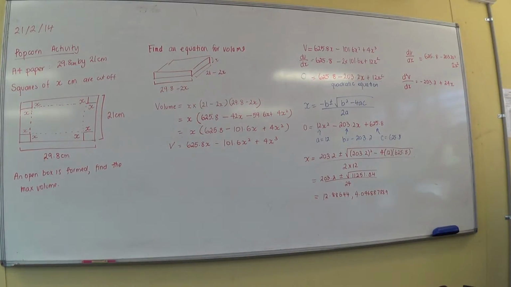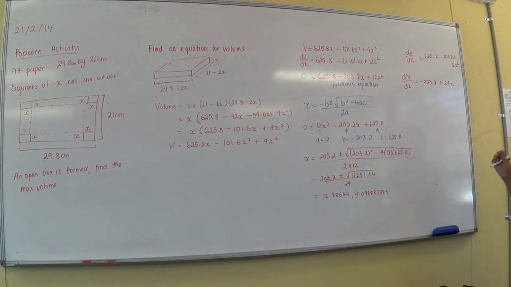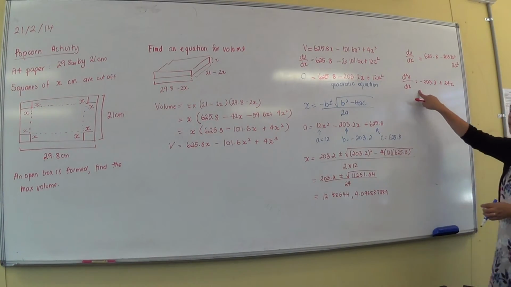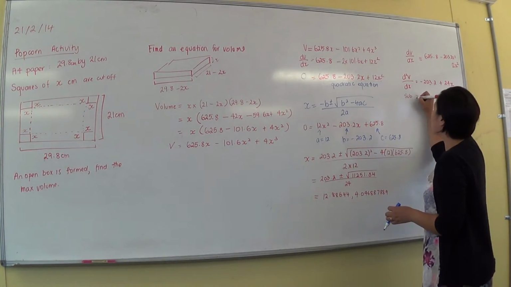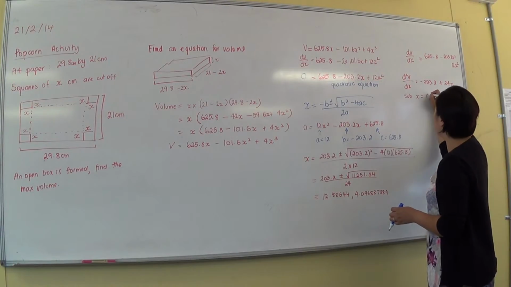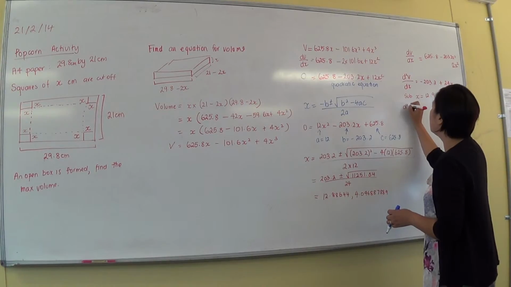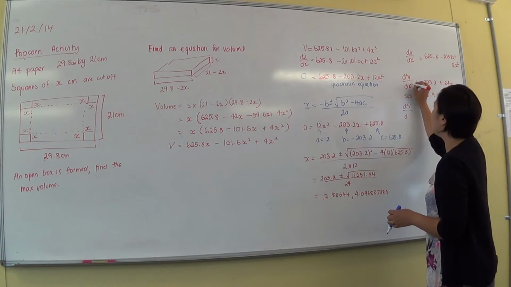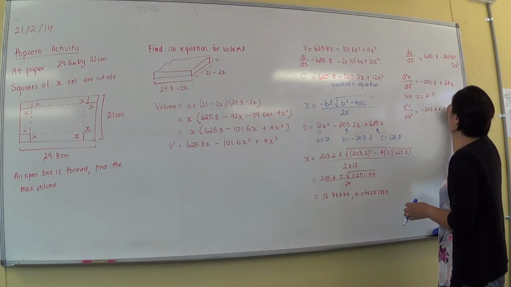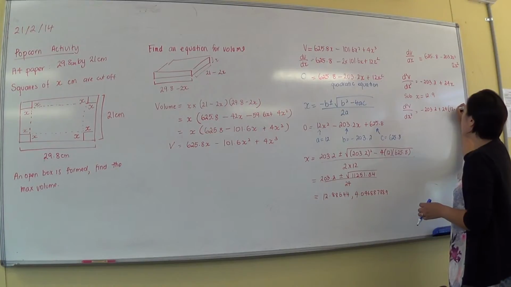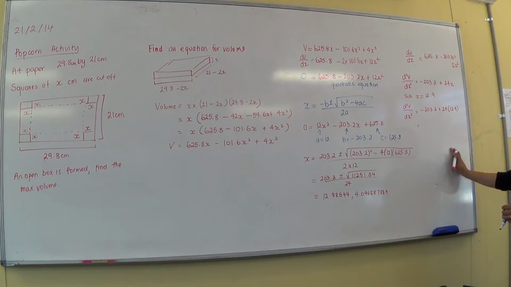So to prove concavity, or to prove maximum and minimum points using the second derivative, we substitute. I want to round off now because it's really messy. So sub 12.9 into this derivative. Is it negative or is it positive for this one?